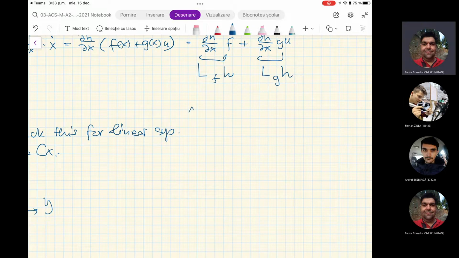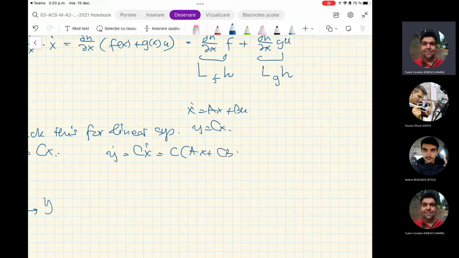So you have x dot is Ax plus Bu. y is Cx. y dot is Cx dot, which is CAx plus CBu. Assume CB is 0.